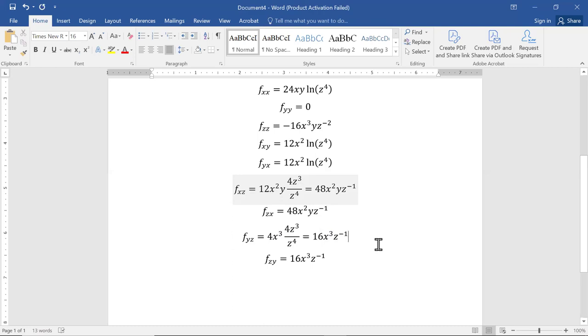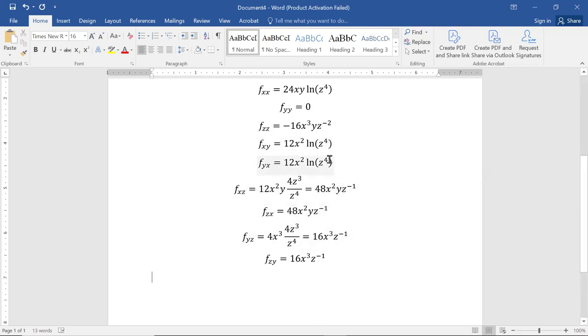And so I should get 16x to the third times z to the negative 1 on both of those. Again, that was a little bit on purpose, trying to make a mistake and show you that by doing it one way, then the other, you can clearly see when they don't match up, and that is a big red flag when those mixed partial derivatives don't match up with each other.